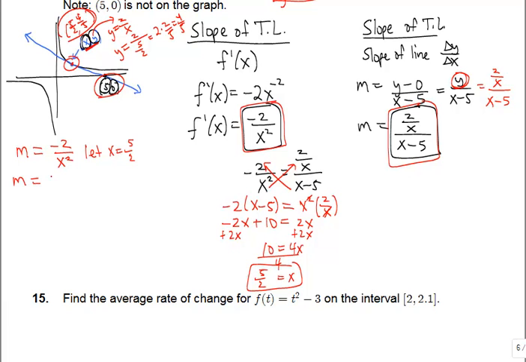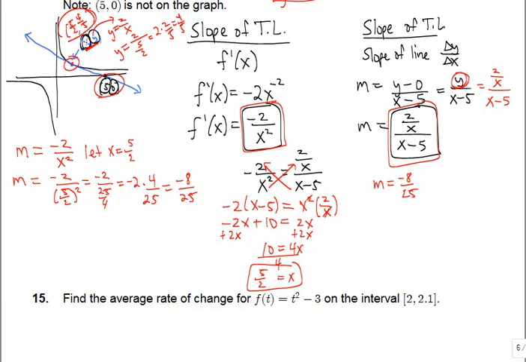So the slope will be -2 over 5/2 squared, which becomes -2 over 25/4, which becomes -2 times 4 over 25. So my slope is -8 over 25. So we know our m, -8/25, and we know a point.